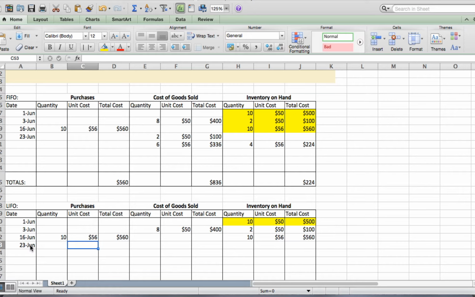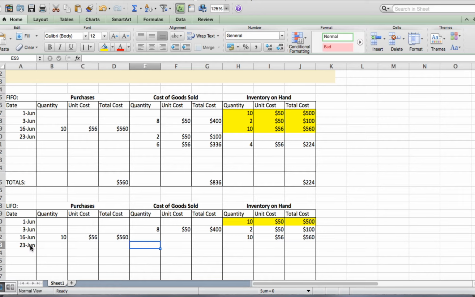So I'm not even going to dip in. These 2 will just stay like they are. The only thing that's going to go down in my inventory is in this bottom category of $56 stock, because I'm working from the bottom up. If I had sold 11 units here, then I would sell all 10 of these and then work up to the next category and sell 1 of the $50 units. But that's not what I'm asked to do.